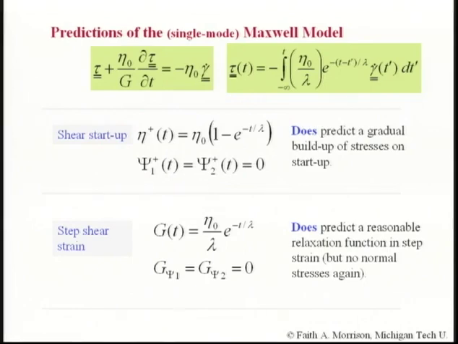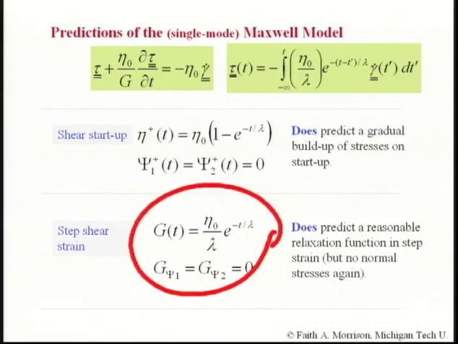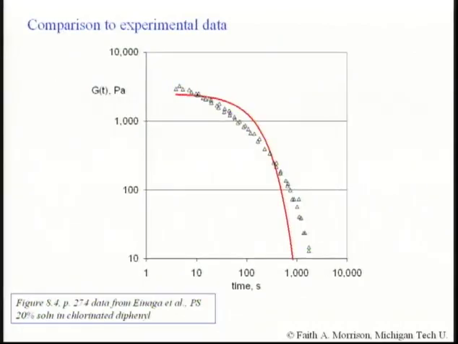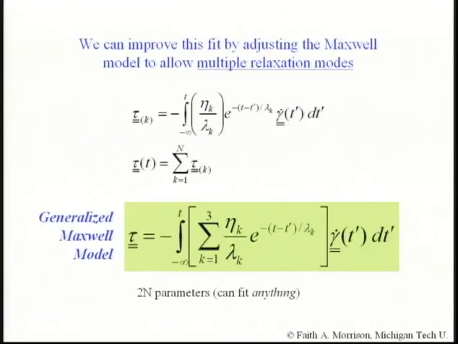Now, we did notice that although we do predict a time decay, it's not perfect, and so we worked on making it a better linear viscoelastic model, to get one that would fit the data much better. And so we invented the generalized Maxwell model by allowing there to be a variety of relaxation times and viscosities.